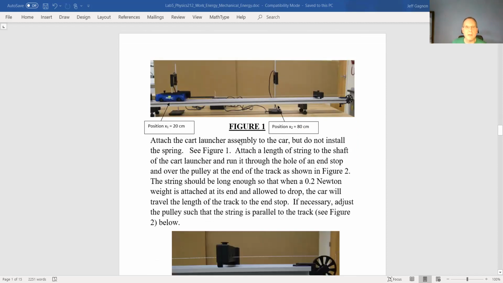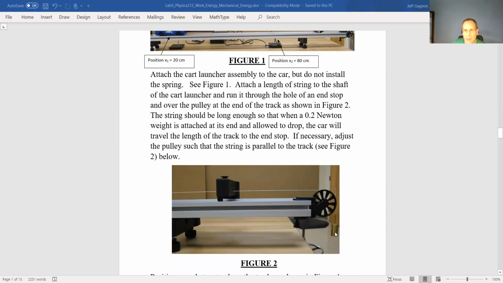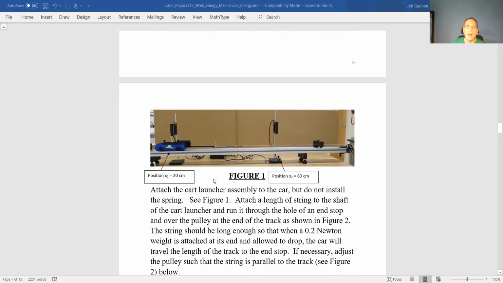Basically, here's a picture. We have the Pasco car. It's going to start at a position of 20 centimeters. There's a string connected to it that goes over a pulley, and there's a little suspended mass. You can see it better in this picture. Here's the suspended mass. It starts at rest. We release the car, and it accelerates down the track.